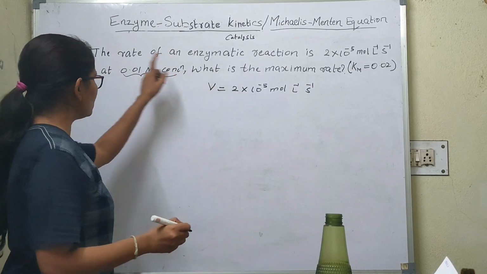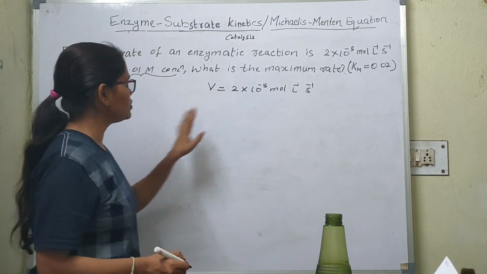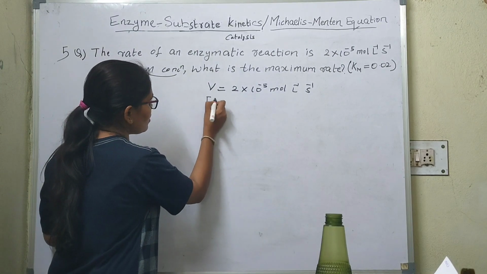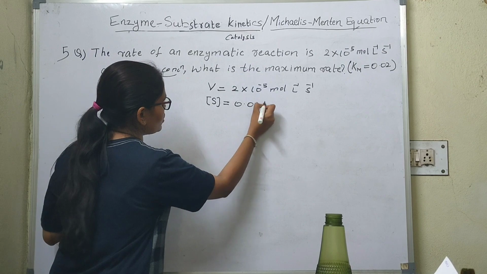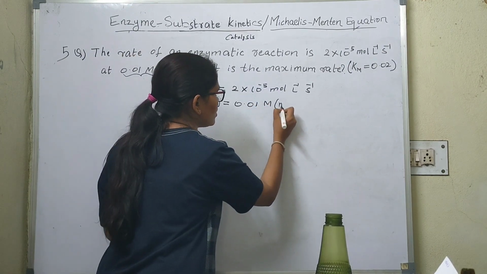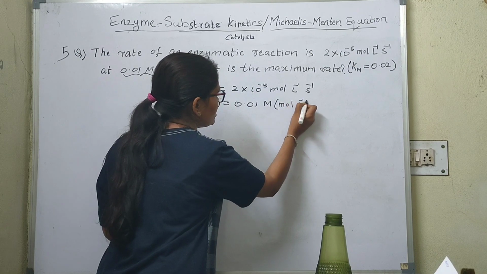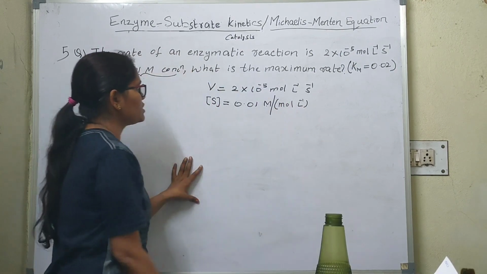We are given the concentration of the substrate at which the rate is 2 into 10 power minus 5. That concentration is 0.01 molar. Molar is nothing but moles per liter.